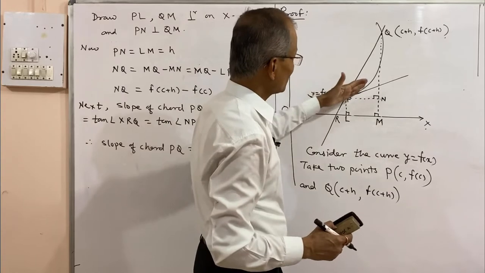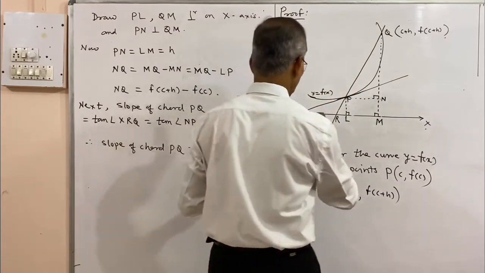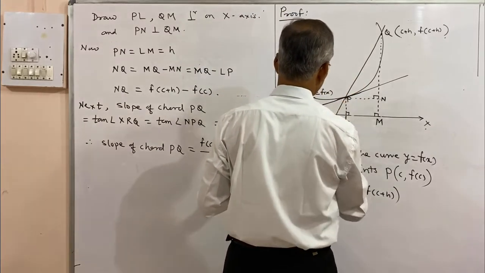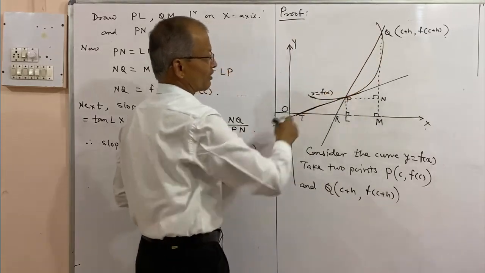Now this chord PQ becomes the tangent at P when this point Q tends to P along the curve.